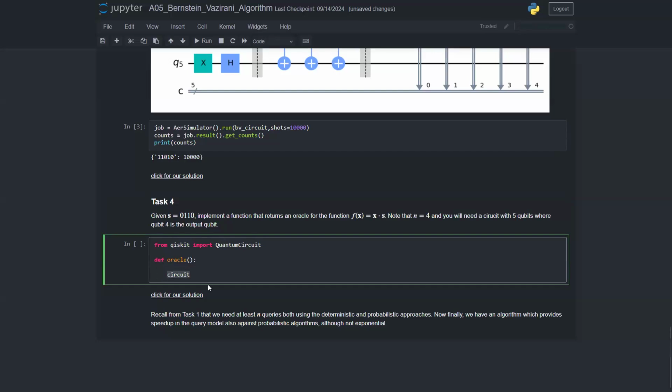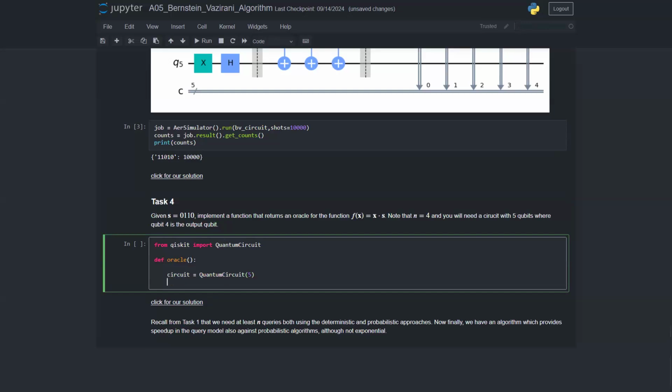So you can already think about where to put the CNOTs. I have the circuit. Next, let's put a barrier so that it's nicely visible what we're doing.